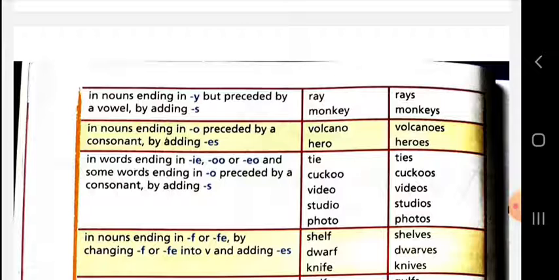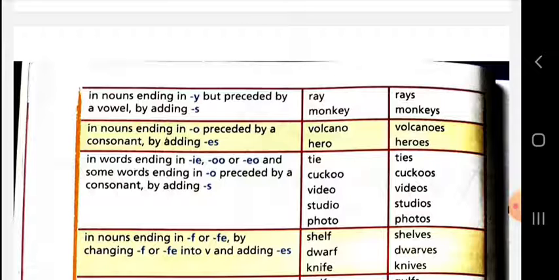In words ending in io, oo, or eo, and some words ending in o preceded by a consonant, you need to add only s to make the plural form.